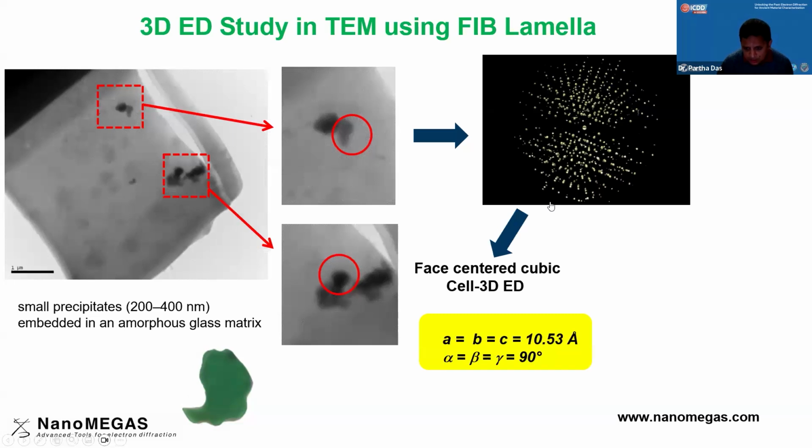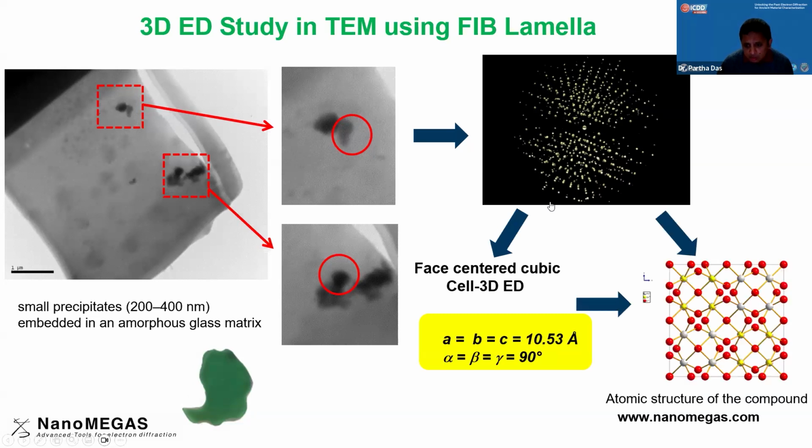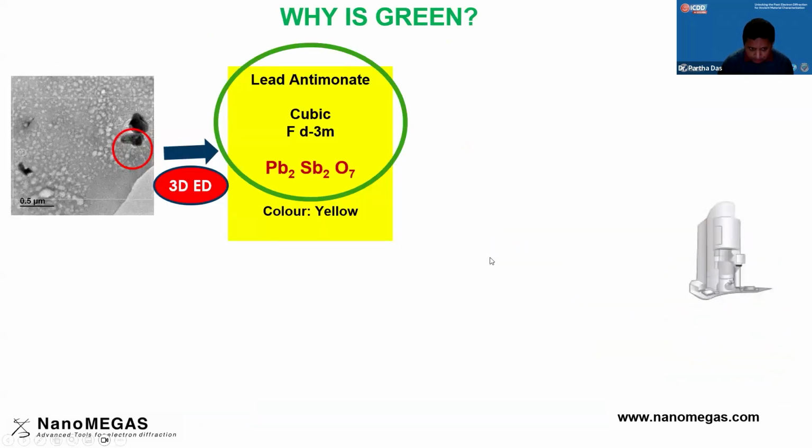Once we got the diffraction data, we determined the unit cell, which is face-centered cubic, and we solved the structure. It's something like a lead antimonate structure on average, because there are many other elements present. So whatever structure we got is an average structure of the material.